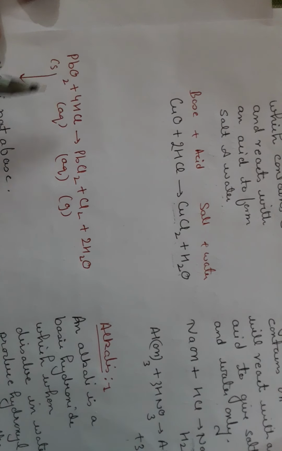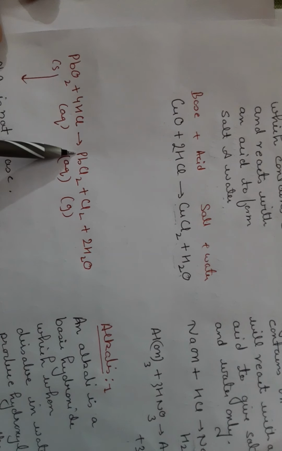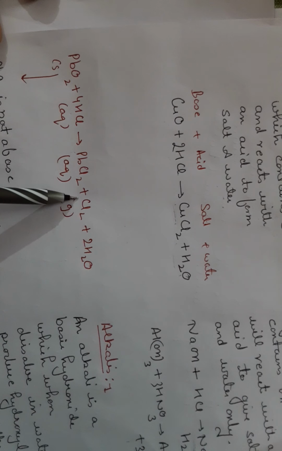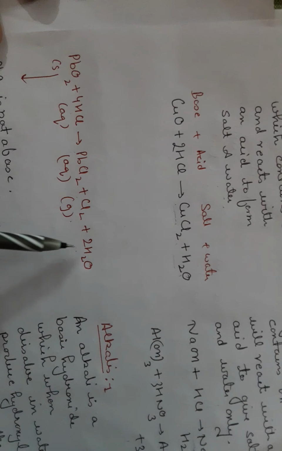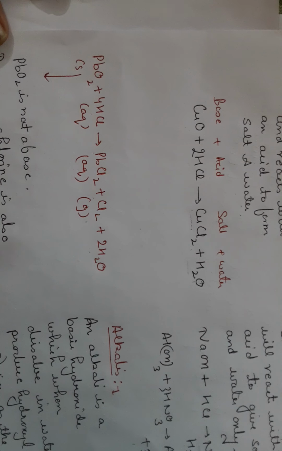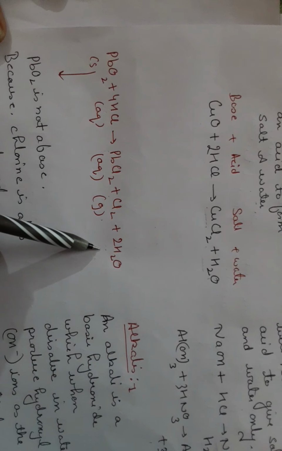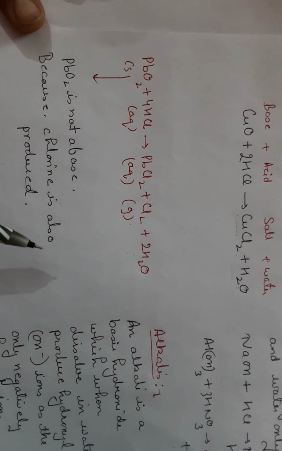Now, PbO2, that is lead oxide, when reacted with hydrochloric acid, gives lead chloride plus Cl2, that is chlorine gas, and water. Now here, in this reaction, PbO2 is not a base. What is the reason? Because here, in addition to salt and water, chlorine gas is produced.